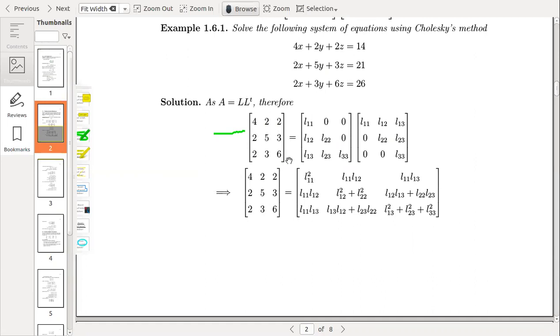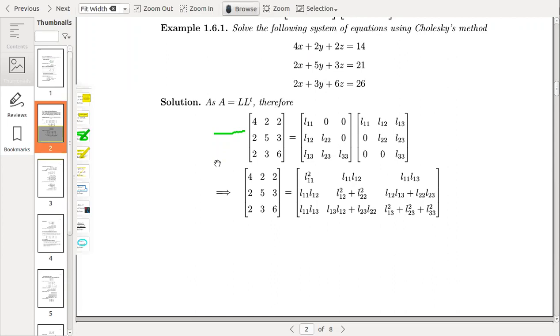This is symmetric because if you convert the rows into columns and columns into rows, the matrix stays the same. And if you take the determinants of the leading principal submatrices, each determinant is positive. So we can say the given matrix is positive definite.